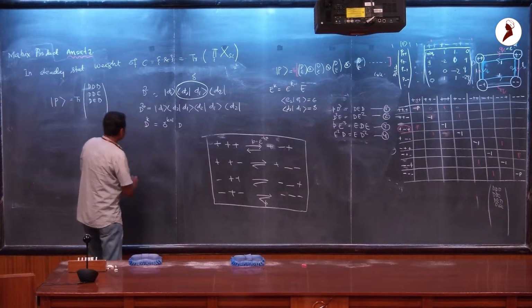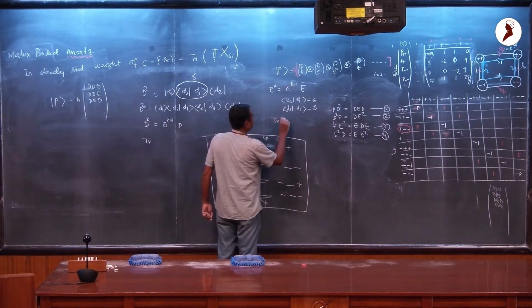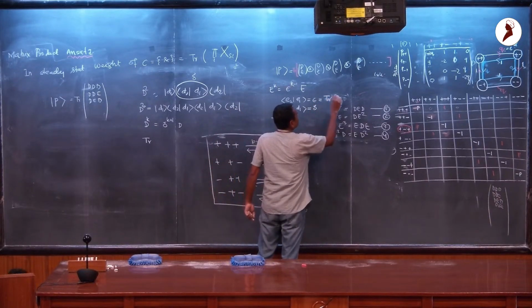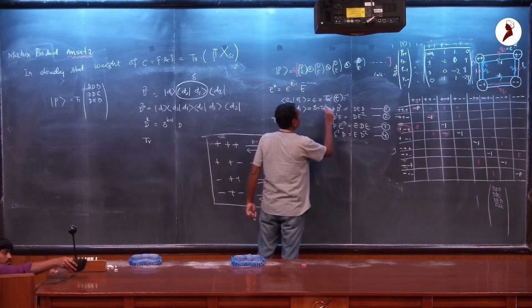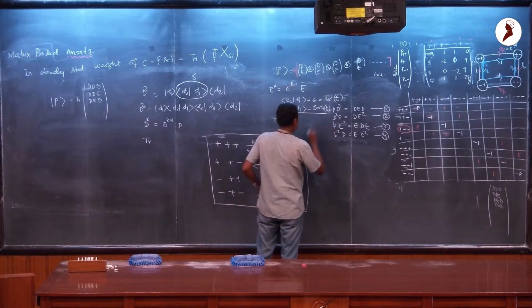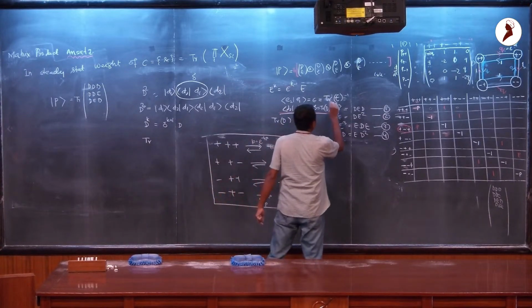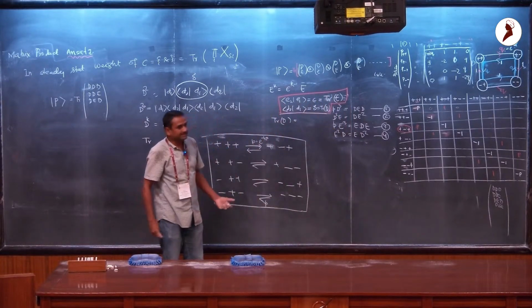So now let us call it trace of D. Another thing also you say that trace of E equal to trace of D. Epsilon is trace of D, right?